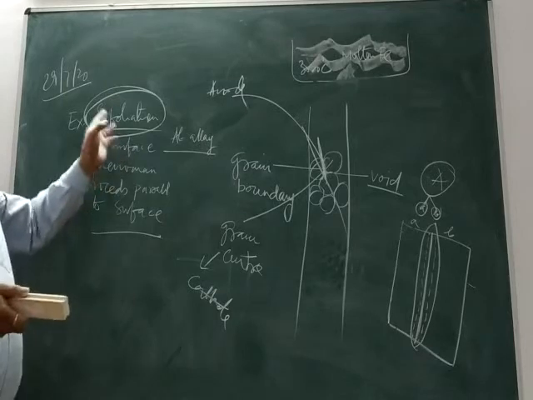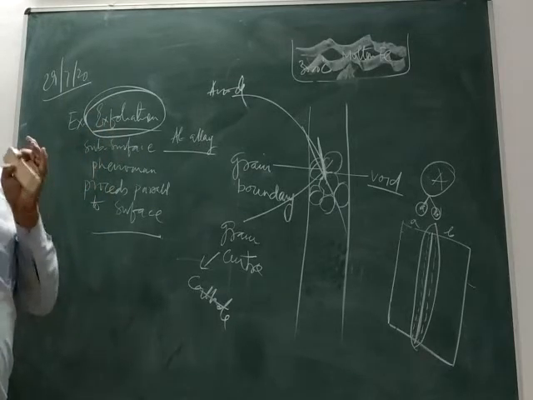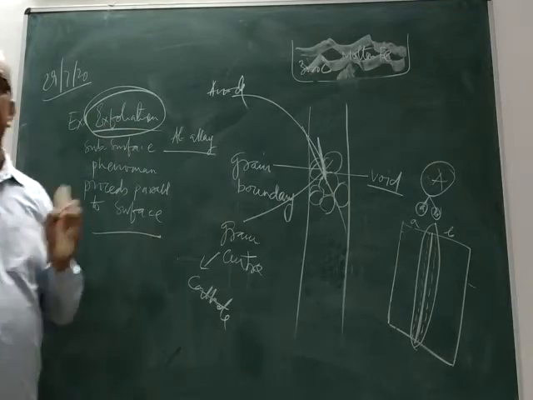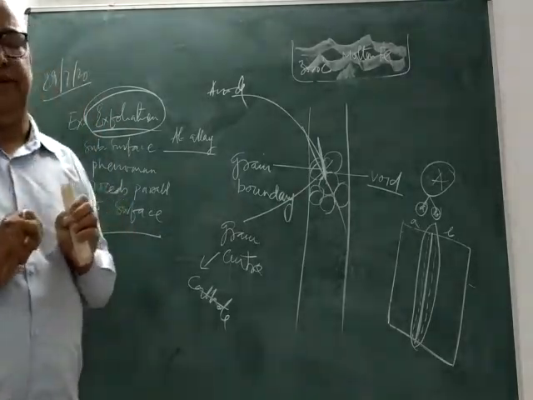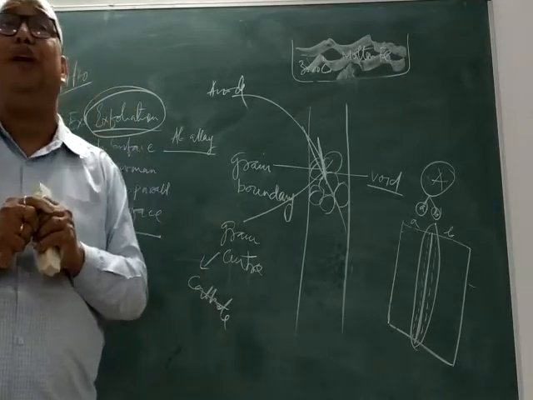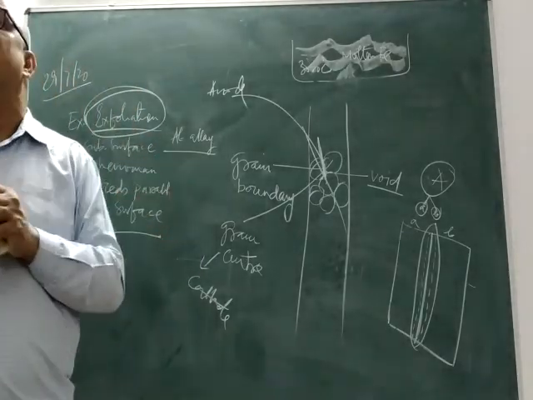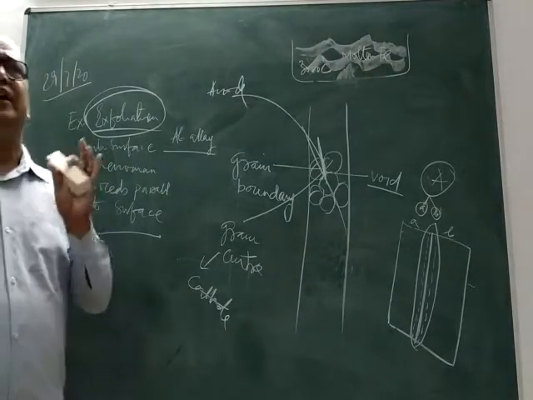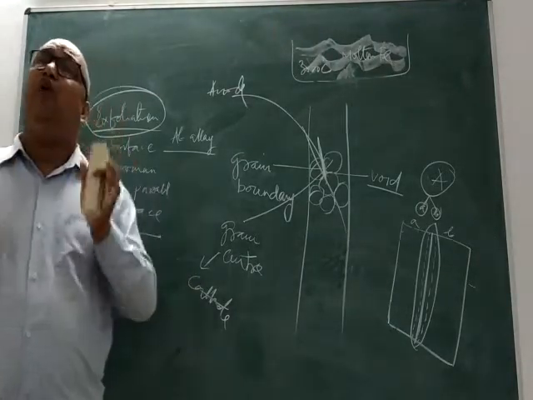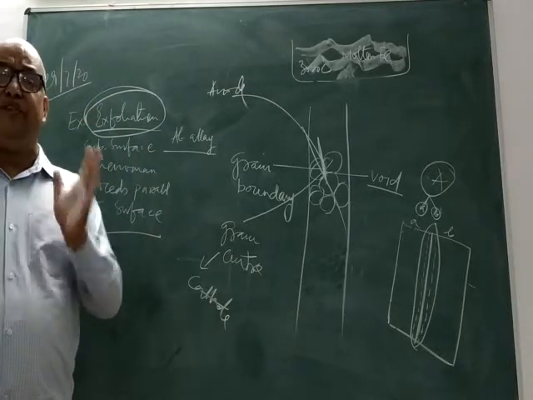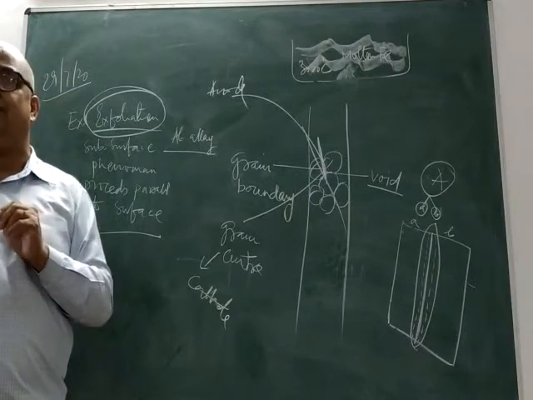Corrosion of this type is known as exfoliation. And therefore, if we want to control exfoliation, the most important step we may adopt is applying suitable coating. And at the same time, we can choose a particular type of metal or alloy which will not be sensitive in that environmental situation. That is how we can control our exfoliation.